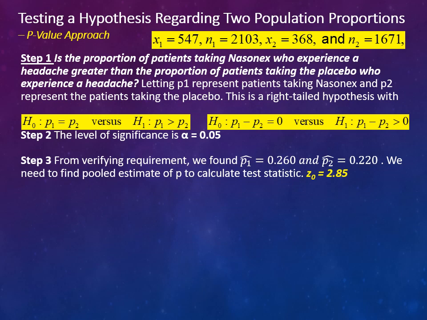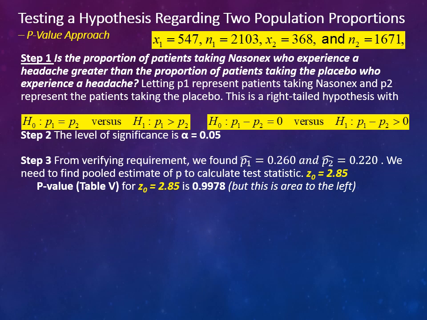Step 2 is the same, and we even calculate the test statistic the same way. However, when we go to table 5, what we're looking for is the p-value, and so that's actually the entry in the table for z0 equaling 2.85, and this is the big table here, instead of the classical approach where we use the level of significance tables at the bottom.